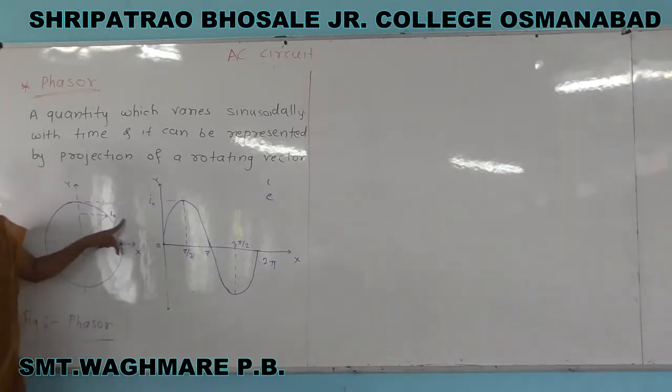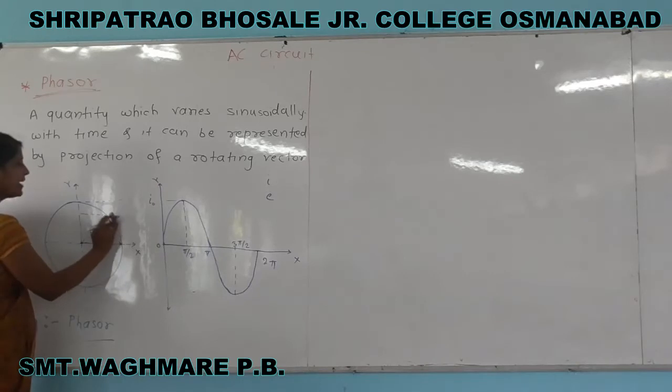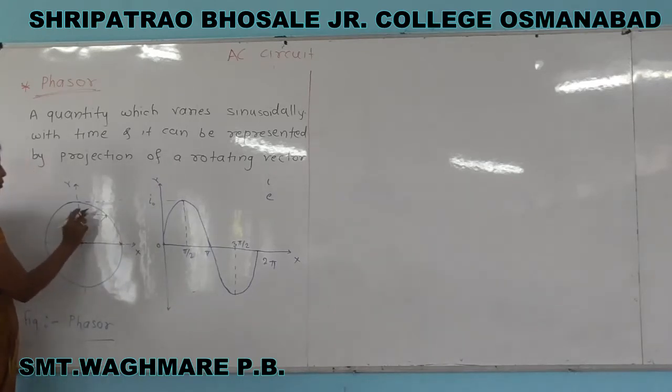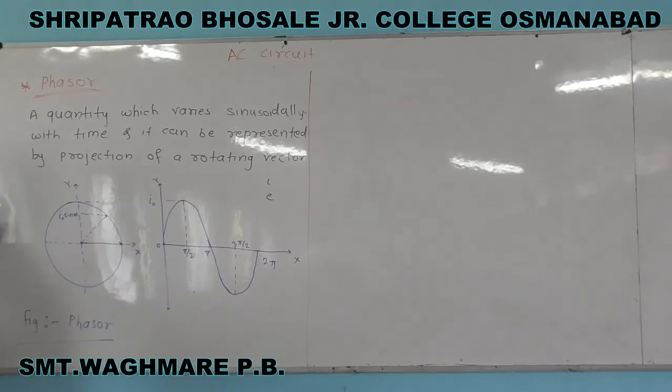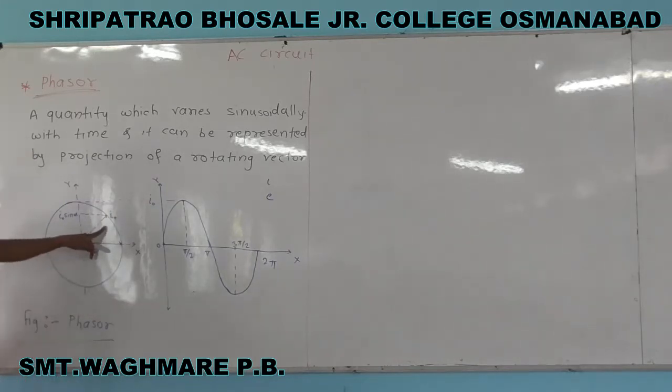That is, this vector has magnitude I naught, the peak value of current, and therefore this projection indicates the instantaneous value of current. That is, we can say I naught sin omega t. And this is the peak value which this vector represents.